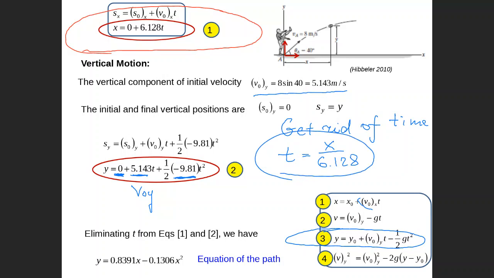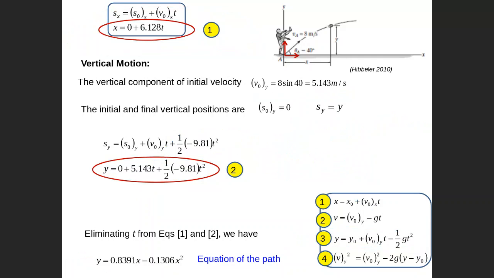We take this result and substitute it in place of time. After we substitute this result in our y equation, we get the equation of the path, y as a function of x. Here we go.